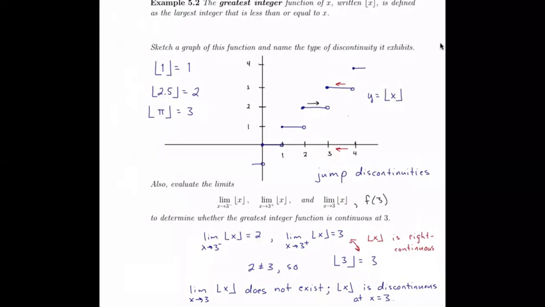Well, the greatest integer function of 3, the greatest integer that's less than or equal to 3, is 3, right? Does that match either of our two limits? It matches our right-hand limit. So it turns out that this function is right continuous, as we've listed right here. So that's how we conclude that.